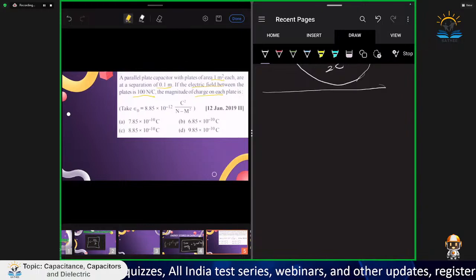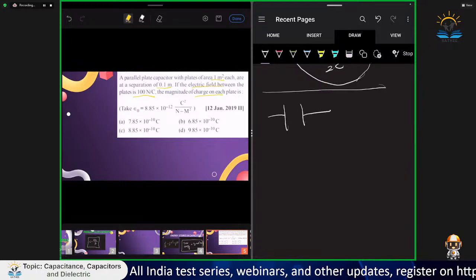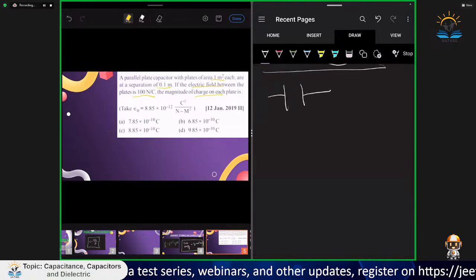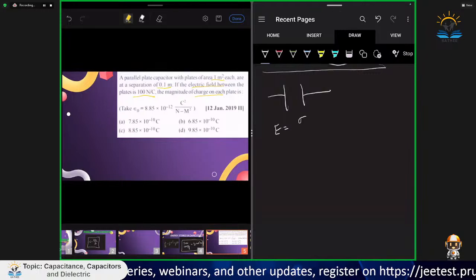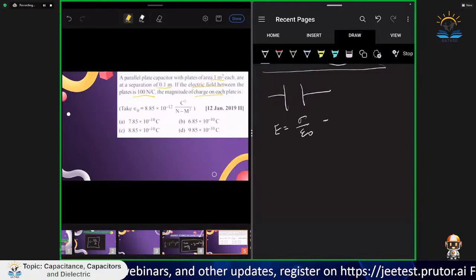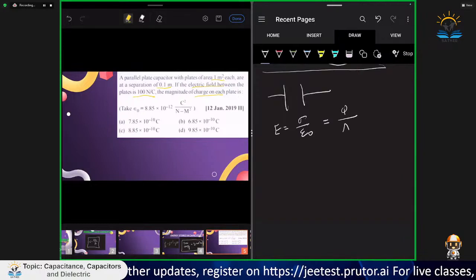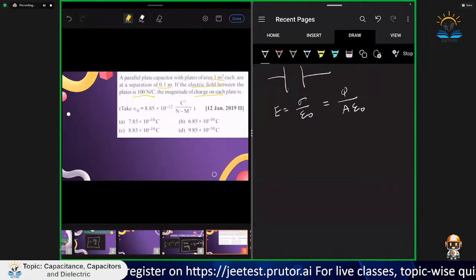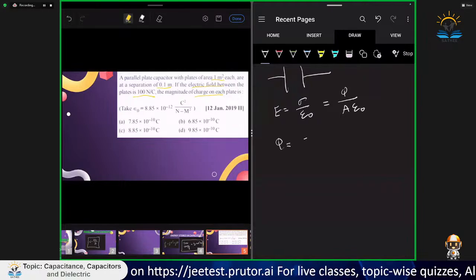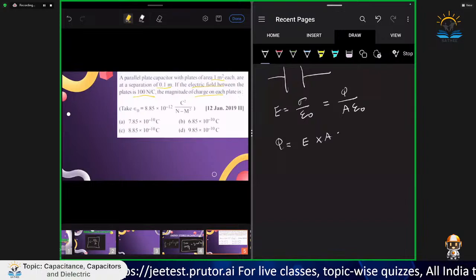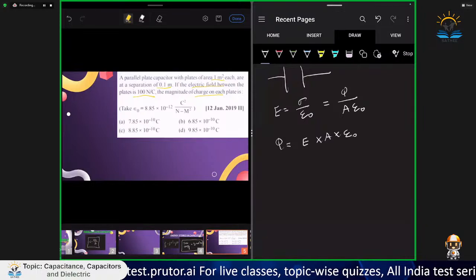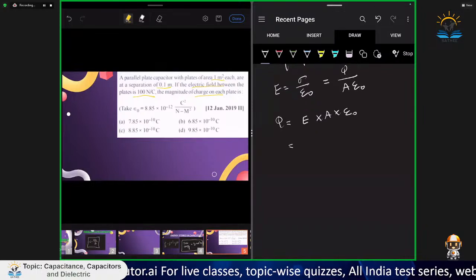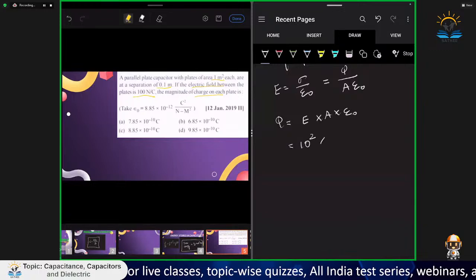We know that the electric field between a parallel plate capacitor is sigma by epsilon. Sigma is the surface charge density, which we can write as Q by A. This will become Q upon A epsilon. We have to find out the charge, right? Q is equal to electric field into area into epsilon. What is the electric field here? 100, 10 raised to 2.